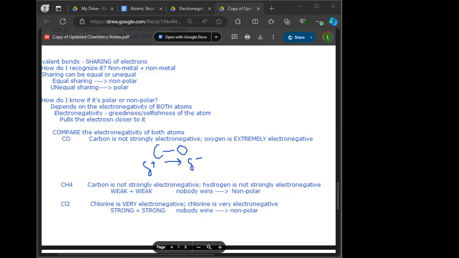But oxygen is extremely electronegative, highly, highly electronegative. Okay, so basically it's like one weak person in the tug of war and then one strong person in the tug of war. So that's what makes it polar, is because there's one strong and one weak.